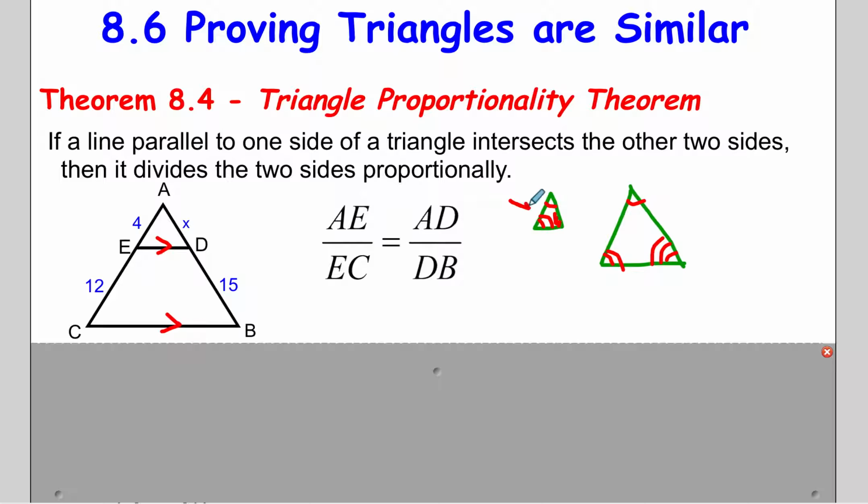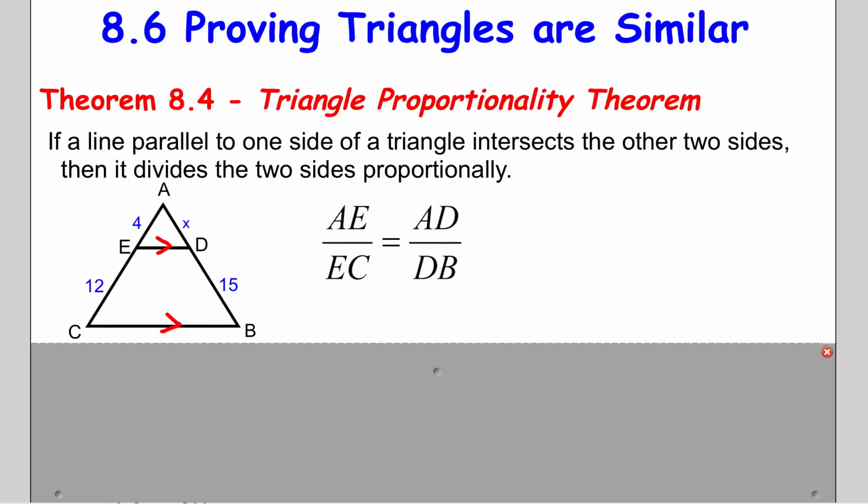So the relationship between these two sides will be the exact same as the relationship between these two sides, and that relationship will be the exact same as the relationship between these two sides. Corresponding angles are congruent, corresponding sides are proportional. And now we continue on.